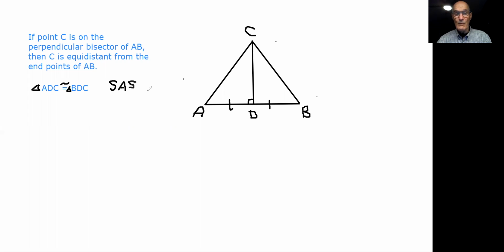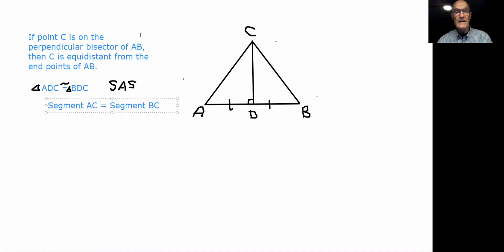And remember, once we have established the congruency of these two triangles, there are 6 pieces of information in the triangle, 3 pair of sides and 3 pair of angles. I have used 2 pair of sides, AD and BD, and then CD and CD, and 1 angle. So the other things I can say are now congruent. I can say segment AC is equal to segment BC.